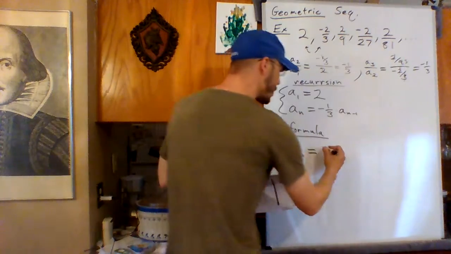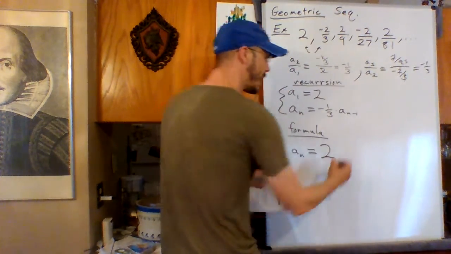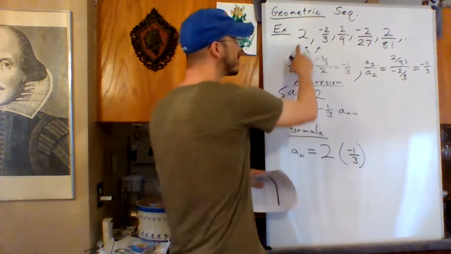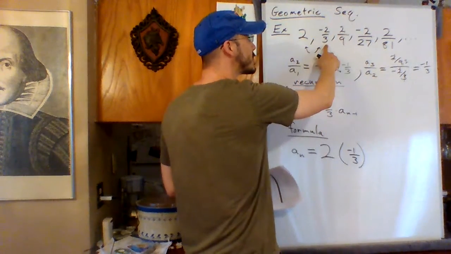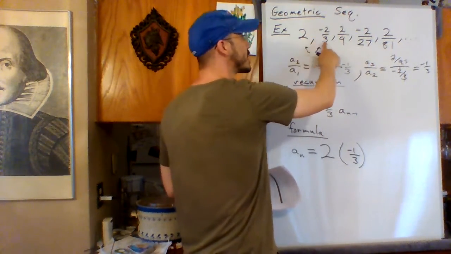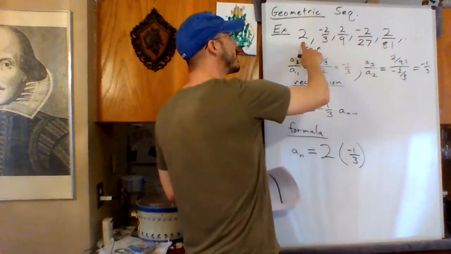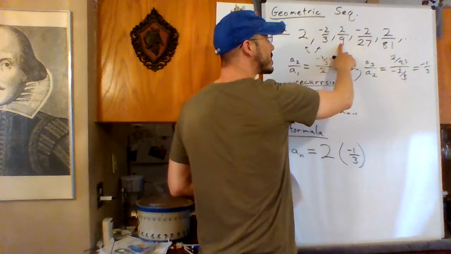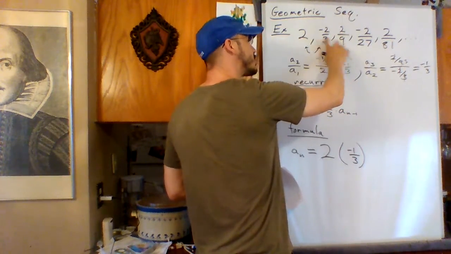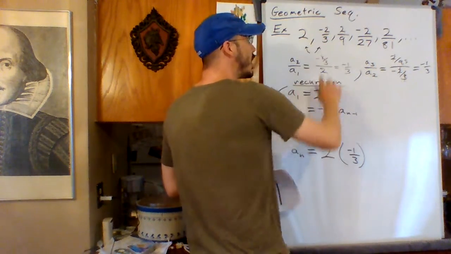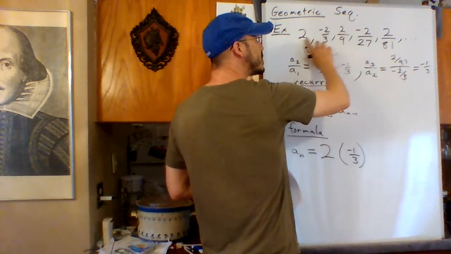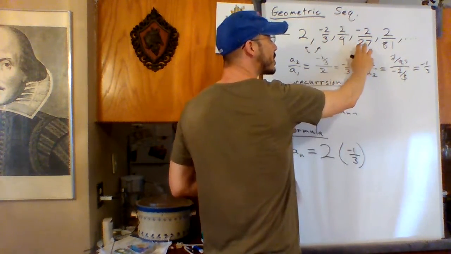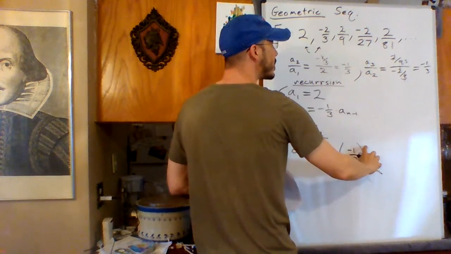I'm starting with a 2, and then I raise that ratio to the first power for this one. That's 2 times negative 1/3, or 2 times negative 1/3 times negative 1/3, which is negative 1/3 squared. This one, 2 times negative 1/3, negative 1/3, negative 1/3, is negative 1/3 to the third.